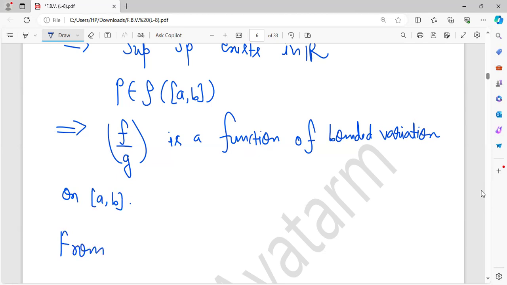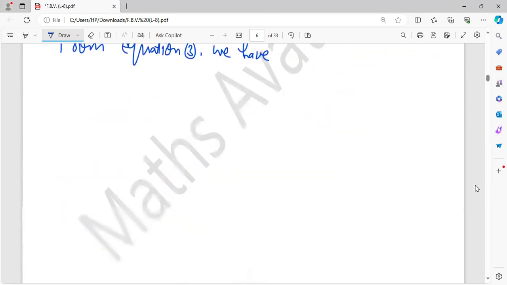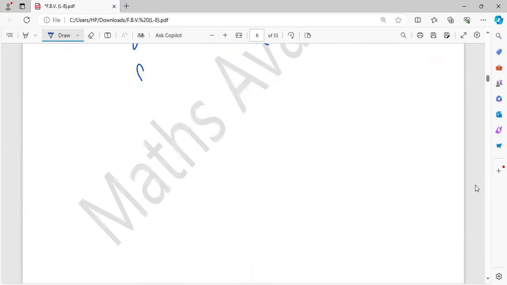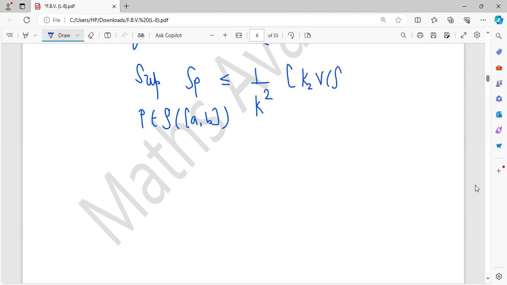From equation 3, we have the supremum over P belonging to the partitions of [a, b] of S_P is less than 1 upon k square, K2 V_f plus K1 V_g. So f upon g is a function of bounded variation; I am taking S_P for the function f upon g.